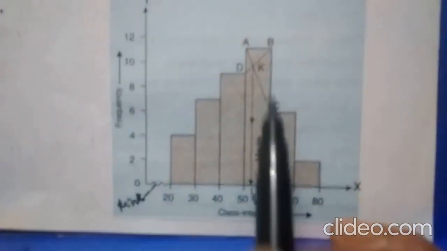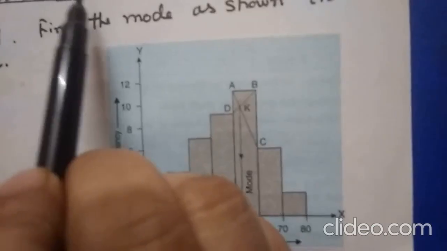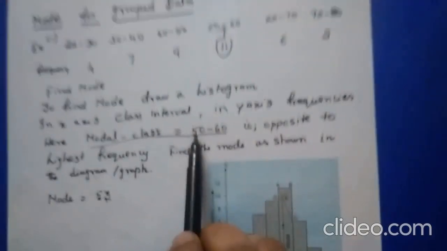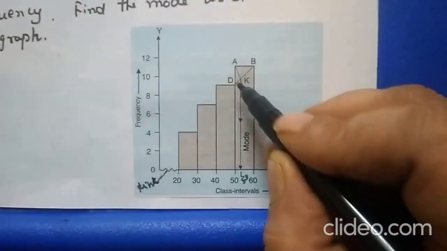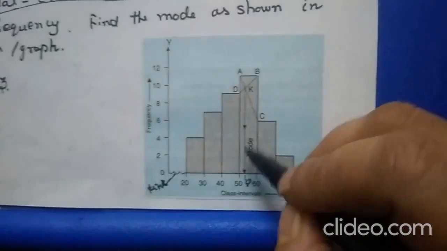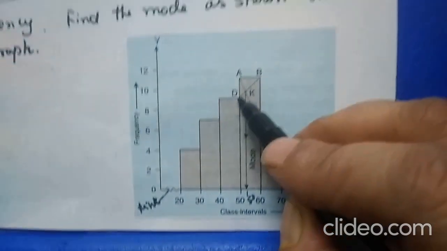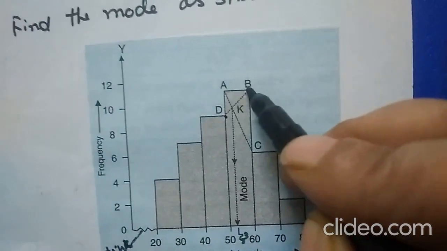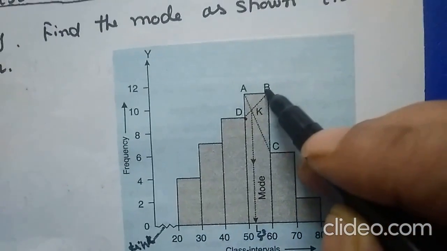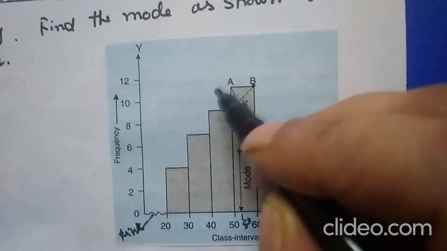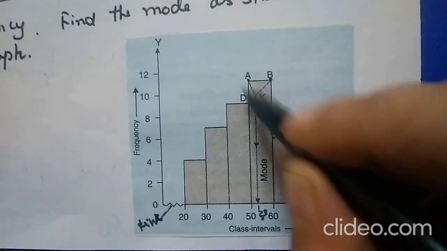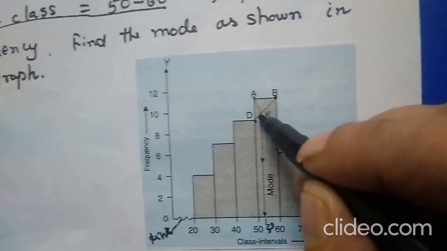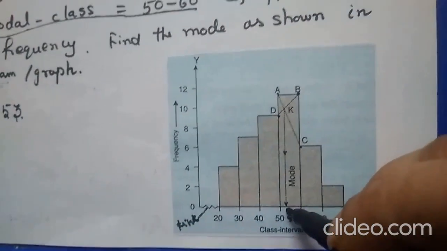Construct the histogram. Now definitely you know the mode will be between 50 and 60. Here your mode will come. So join the lower end of the previous bar to the upper end of the modal bar, and join the upper end of the modal bar to the lower end of the next bar. Where they intersect, draw the perpendicular line.